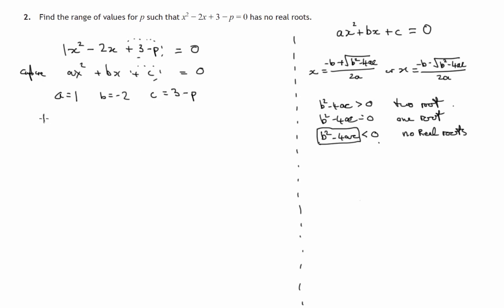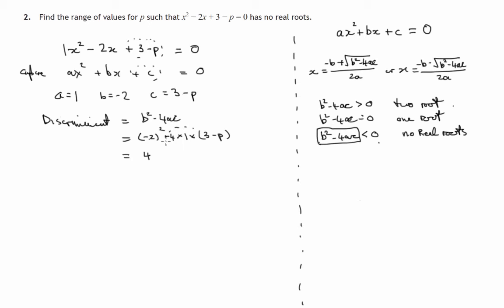So the discriminant, that's the number that appears under this square root sign in the quadratic formula, b squared minus 4ac, in the case of this quadratic equation, is negative 2 squared minus 4 times 1 times 3 minus p. Negative 2 squared is positive 4. Negative 2 times negative 2 is positive 4.